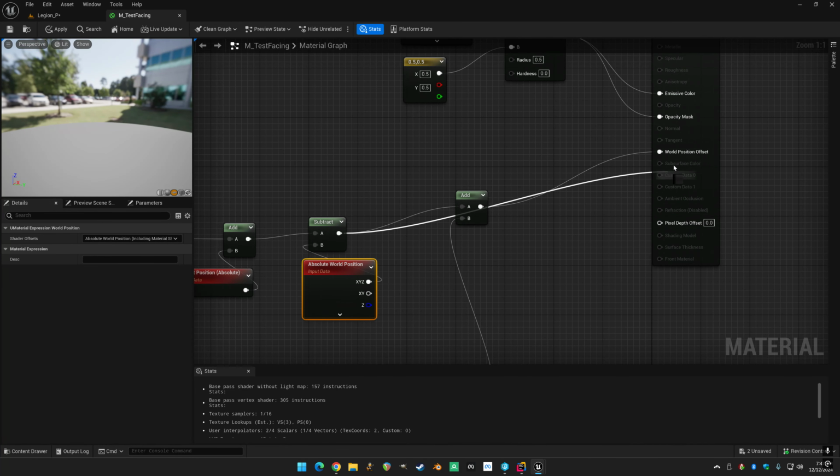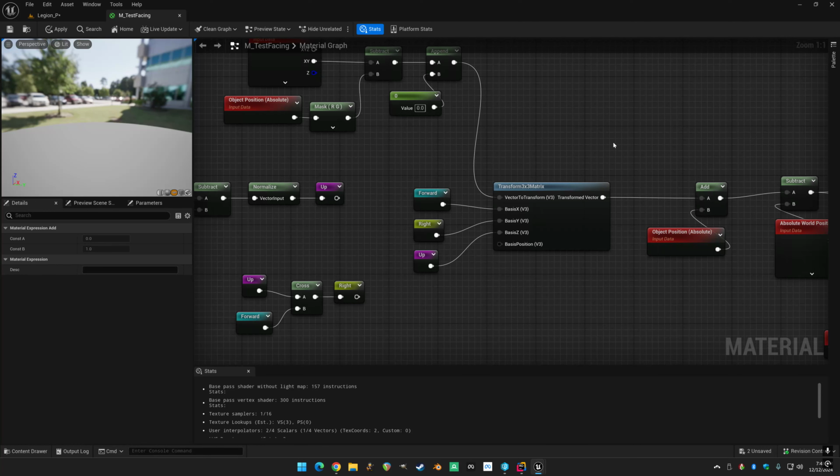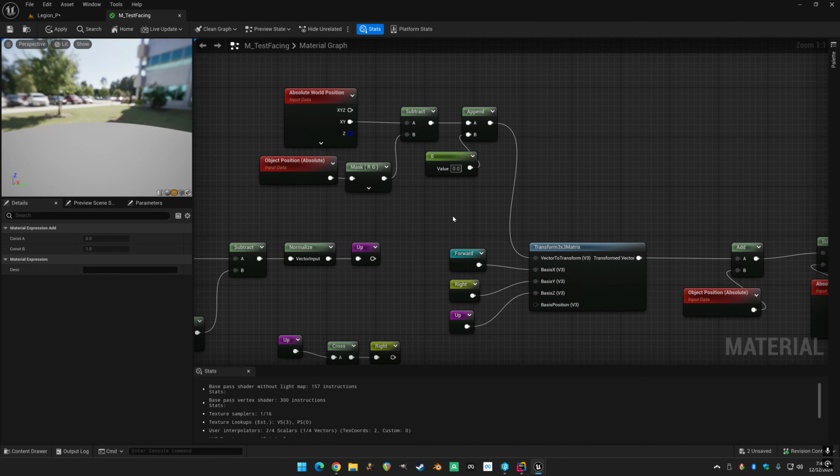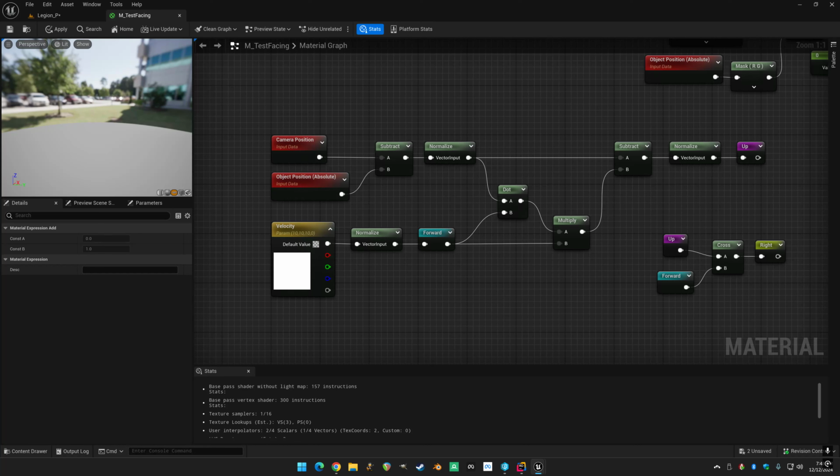Let's just get rid of this for a minute. Transform matrix, let's see. Got world position, got xy minus the object position. Appending the 0. There's my velocity. I'm normalizing it to get my forward vector.